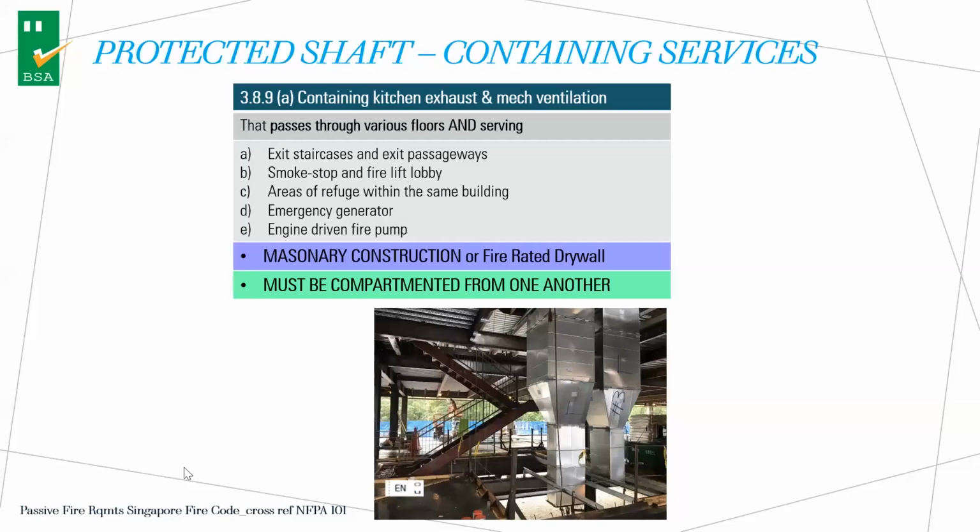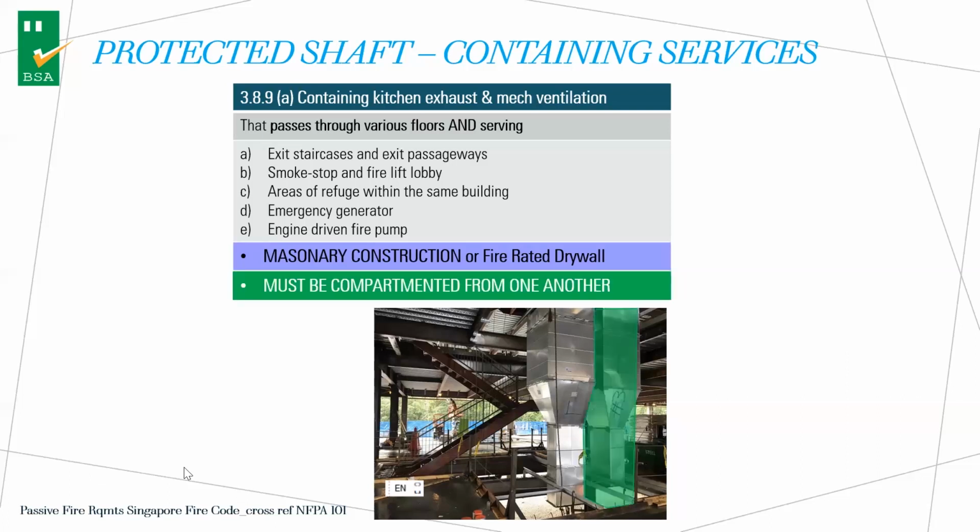Now, here is just an example, a shaft containing kitchen and mechanical ventilation. It passes through various floors, and the ventilation can serve the staircase, the smoke stop lobby, areas of refuge, emergency generator, or whatever. So what is the requirement in the fire code? Firstly, it must be compartmented from one another.